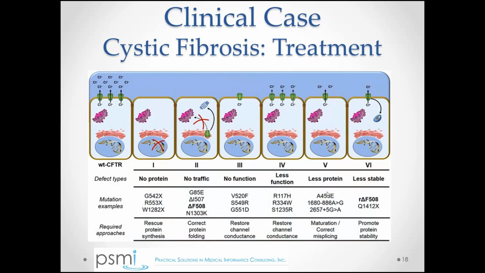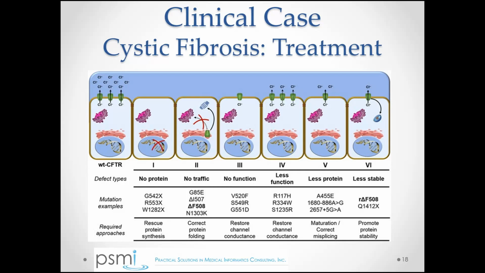So if we talk a little bit about treatment and we start to broach the subject of personalized or precision medicine, I think this slide nicely illustrates that concept, where we're not just treating cystic fibrosis, but we're treating this specific mutation of the gene.